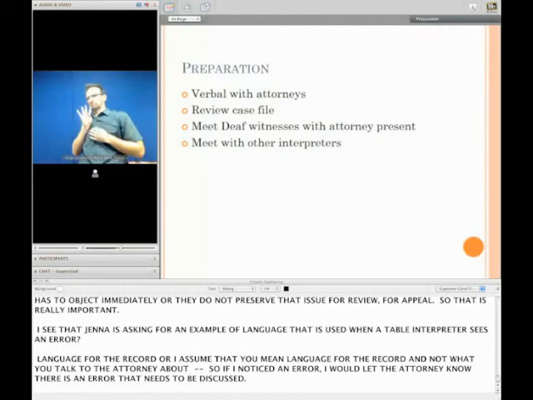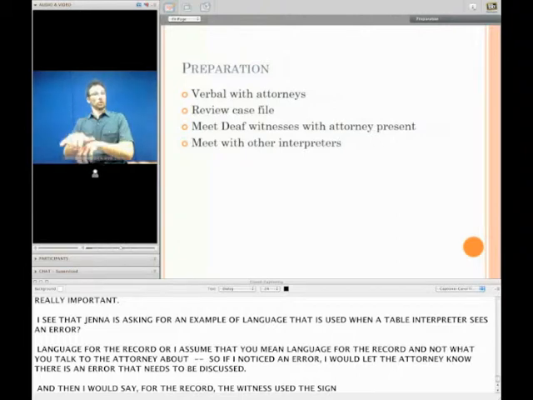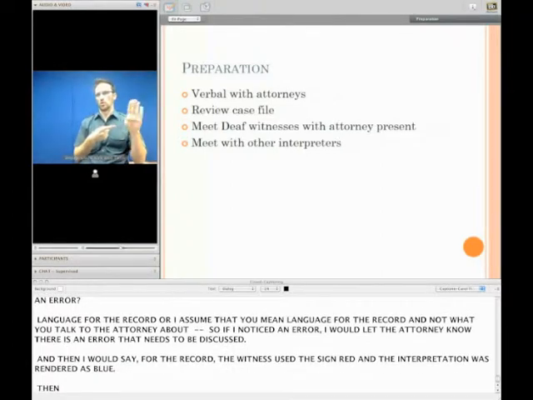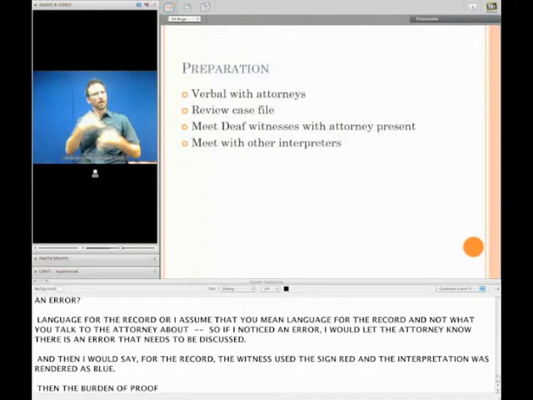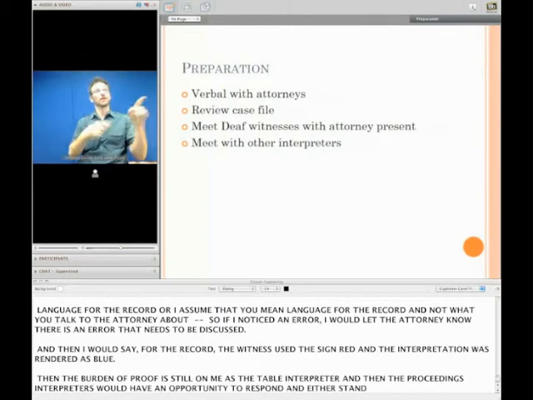And then I would say, for the record, the witness used the sign red and the interpretation was rendered as blue. Then the burden of proof still is on me as the table interpreter, so the proceedings interpreters would have an opportunity to respond and either stand by their interpretation or stand corrected.